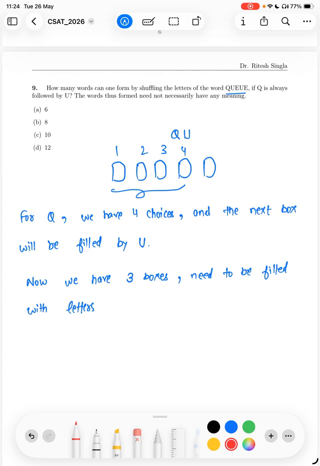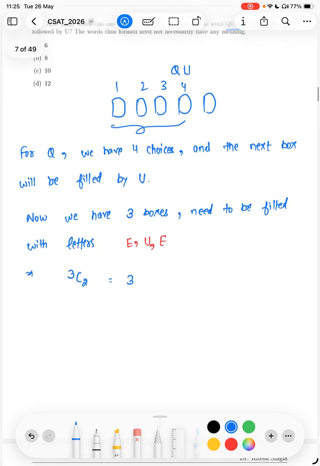Which letters? E, U, and E. So basically 3C2 choices, which is equal to 3. But these three choices will exist for each placement of Q. So hence the total choices is equal to 4 into 3, which is equal to 12. Option D is correct.